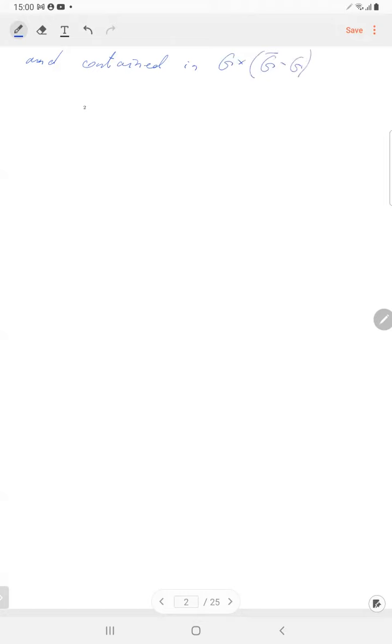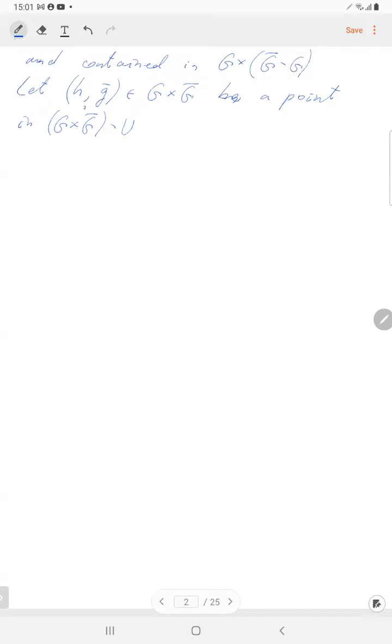right? Because on G times G, this is the usual multiplication. So let, say, H in G bar in this boundary be a point in the complement. We want to prove that it's empty, right? And suppose it is not empty, there is a point there.